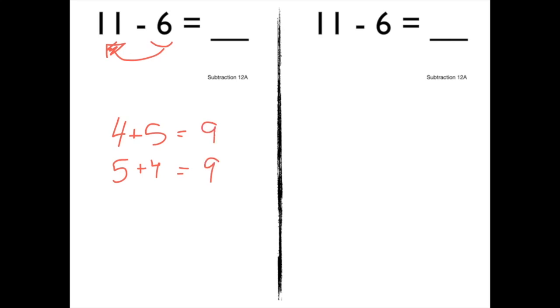But when we look at the difference between the numbers, there's a difference between 11 minus 6 and 6 minus 11. And that's something that students will need to remember when they start working with the larger numbers. But I'll show an example of that with the second set of subtraction questions.